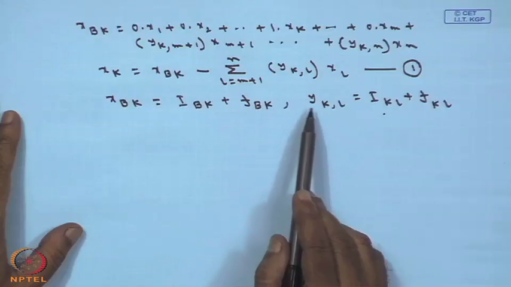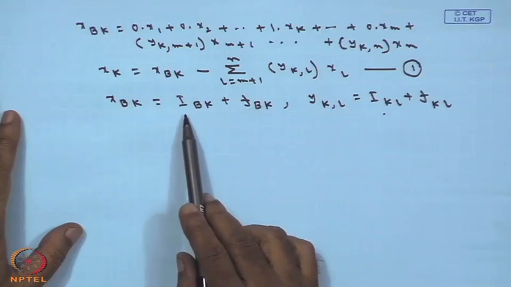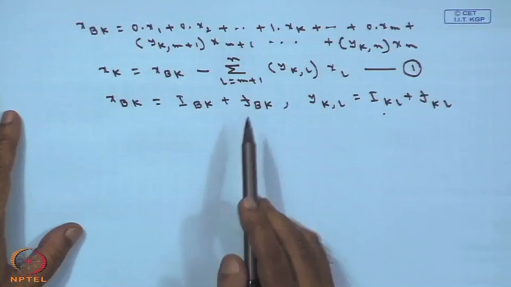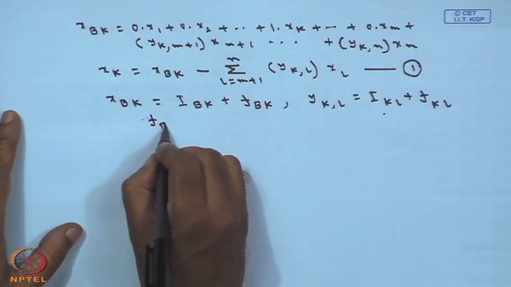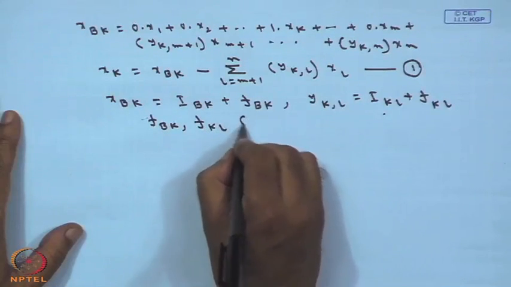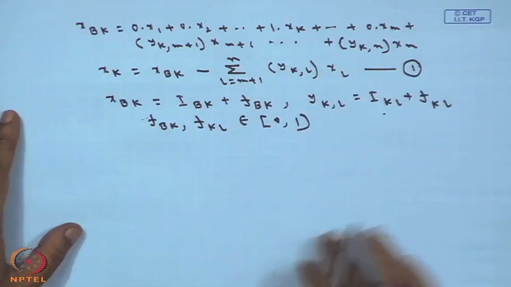Since both are non-integer, there will be one integer part and one fractional part. So we are assuming I is the integer part and f is the fractional part, or in other words fBk and fkl both belong to the interval closed bracket 0 and open bracket 1.